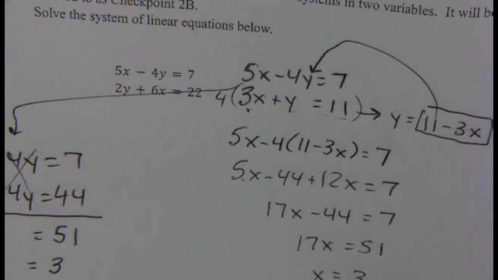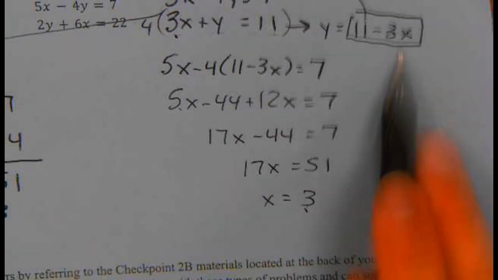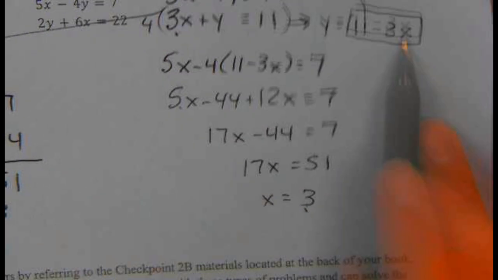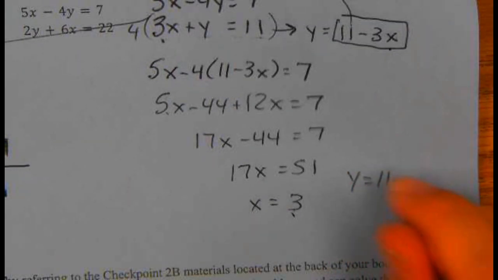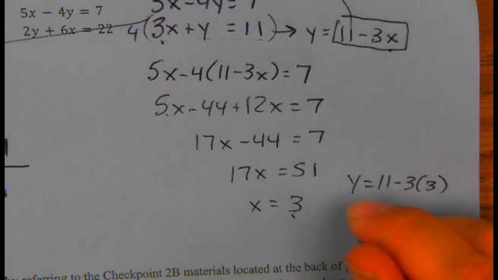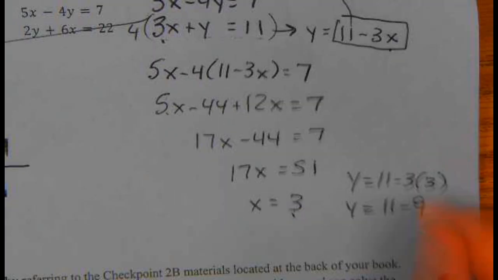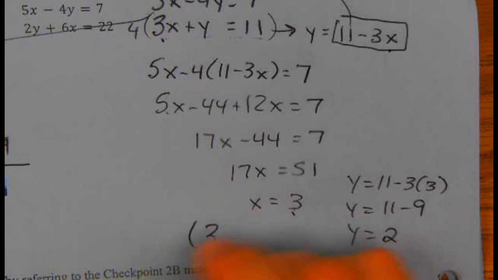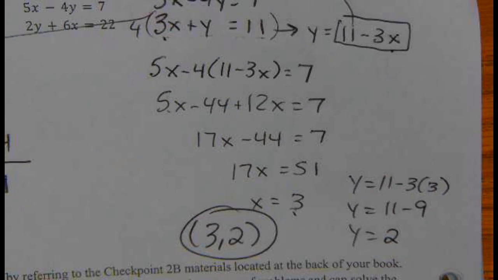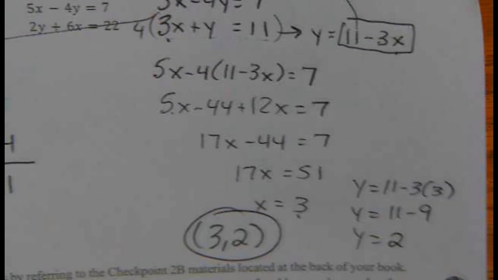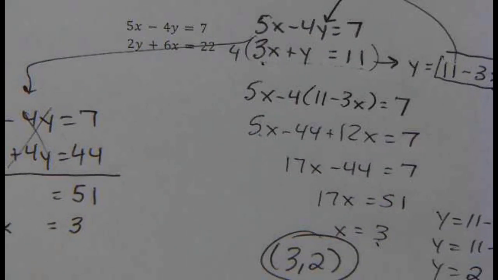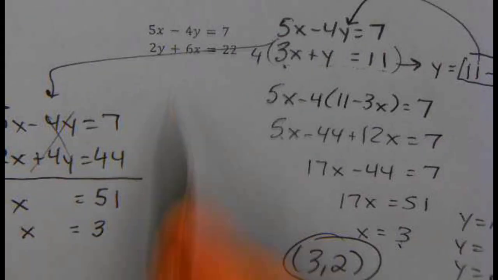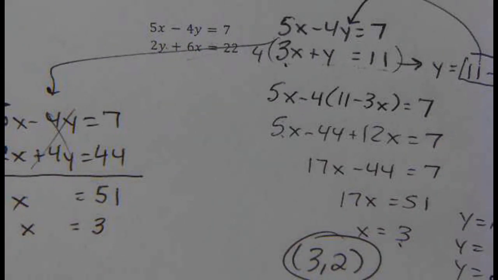I will plug 3 in for x right here. y equals 11 minus 3 times 3. y equals 11 minus 9. y equals 2. So I get a final answer of (3, 2). If you used elimination instead, you would just take that x equals 3 and plug it into one of the original equations and solve for y. You would still get 2.